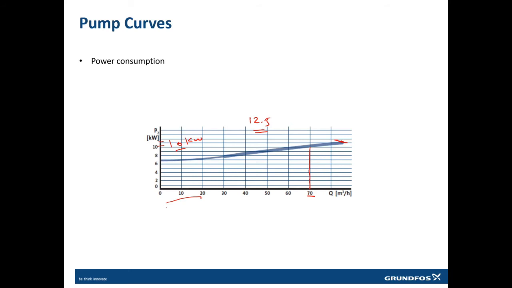Your motor will burn. So this is how you need to have a look at the power consumption of the pump, and match it with the motor attached to the pump. The maximum power which the pump can take at full flow, the motor power should be bigger than that.